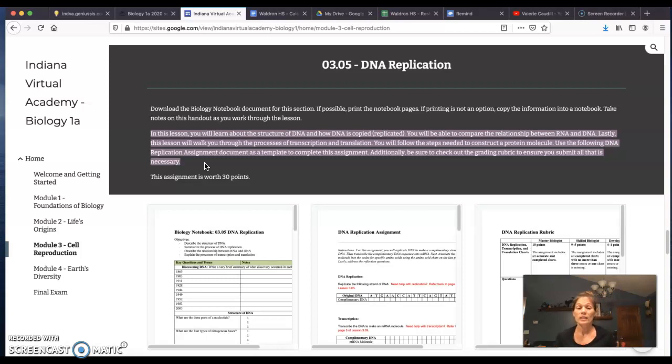We will need to follow those steps of DNA replication, transcription, and translation to ultimately make a protein molecule. So use the following DNA replication assignment as a template to complete this assignment. Additionally, be sure to check out the grading rubric to make sure you have everything done that's needed.